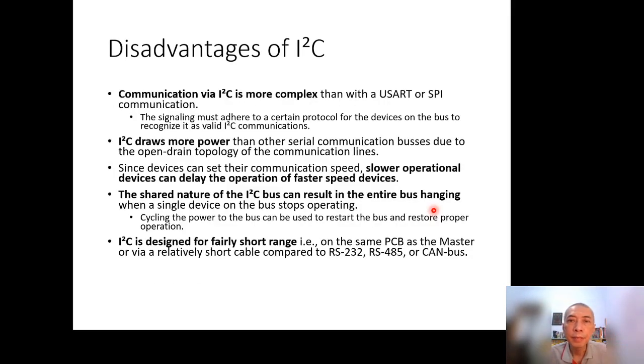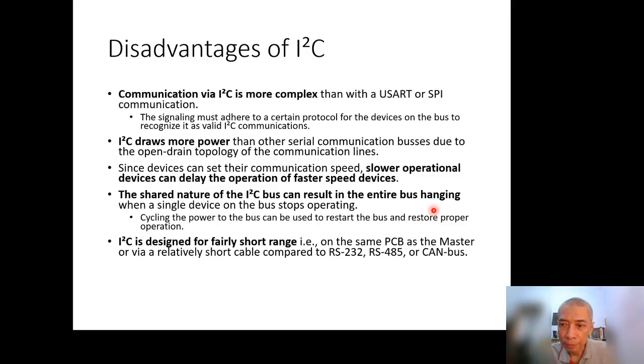What about the disadvantages? First, communication via I2C is more complex than with USART or SPI communication. Why? The signaling must adhere to a certain protocol for the devices on the bus to recognize it as valid I2C communication. So the protocol itself is more complex, but we don't want to talk about it right now.